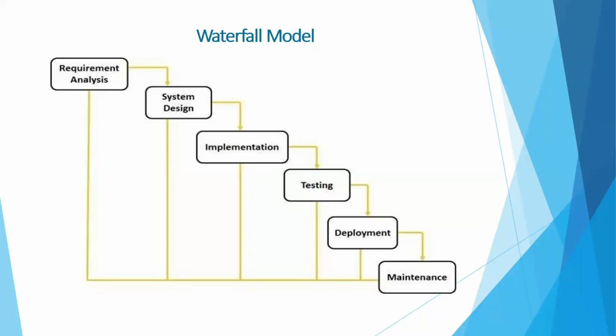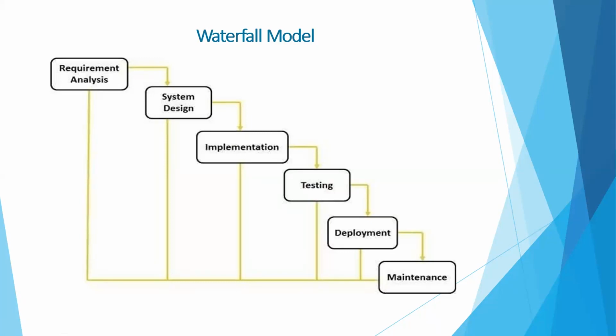When we talk about disadvantages, errors can be fixed only during the phase. Once they are done with the implementation phase, they will first perform the testing and then it will be deployed.